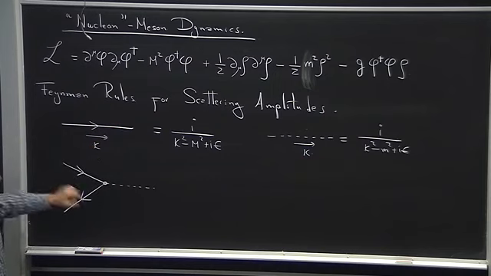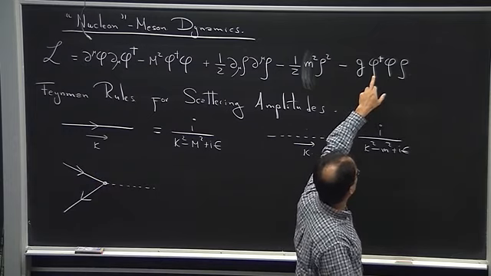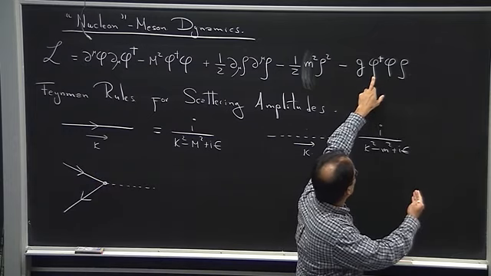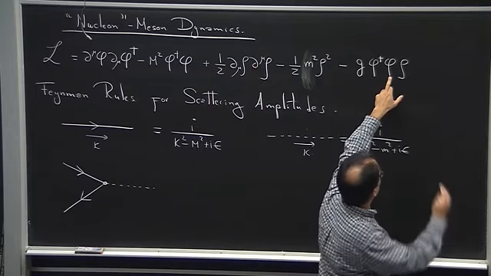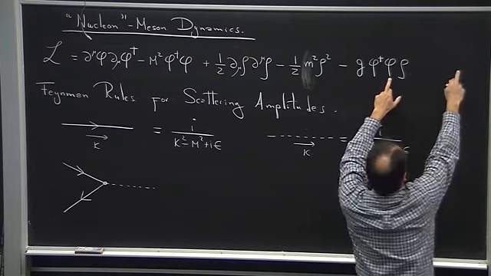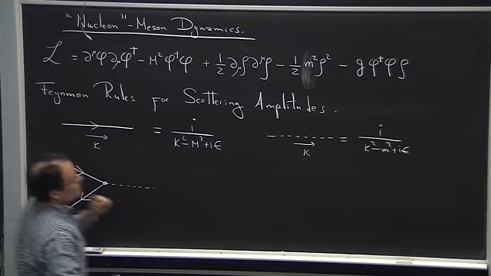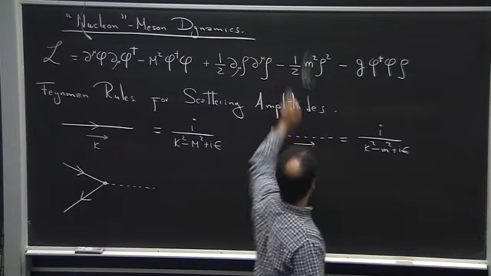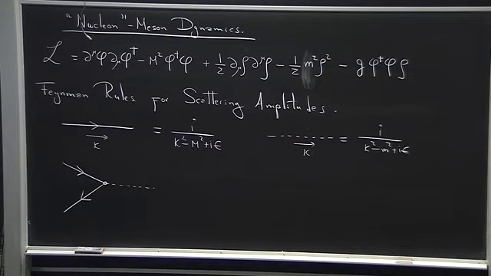So this vertex will be produced by contracting this guy with some phi coming from somewhere else, and this phi with some phi dagger coming from somewhere else. The phi with the phi dagger will produce a propagator of this form, and the phi dagger with the phi will produce a propagator of this form. Okay?